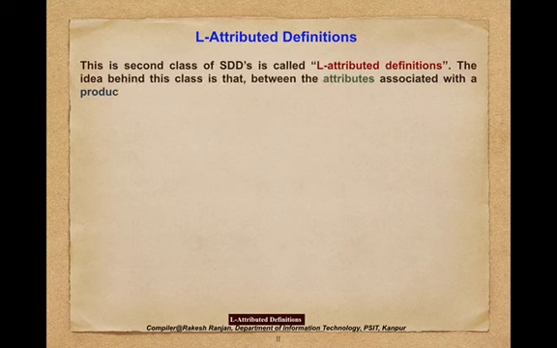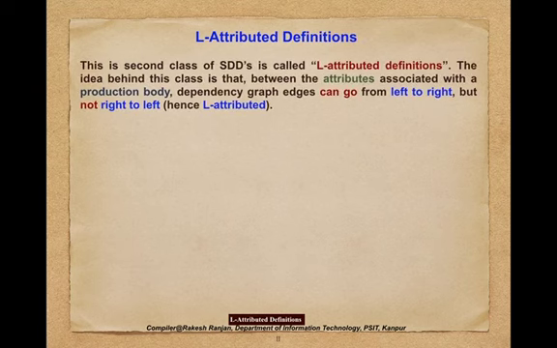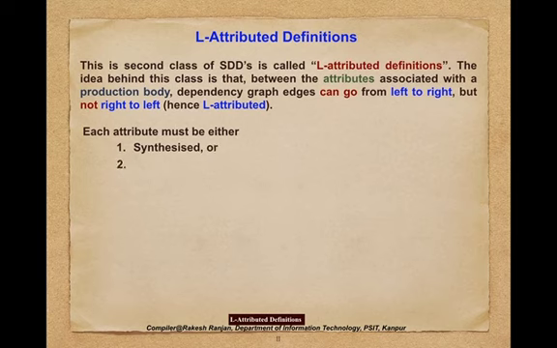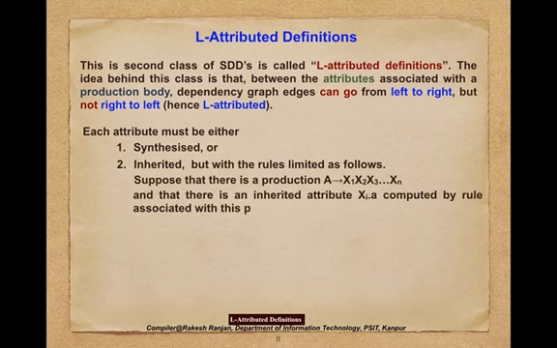Now the L-attributed definition. This is the second class of SDD, called the L-attributed definition. The idea behind this class is that between attributes associated with a production body, dependency graph edges can go from left to right and not right to left. Hence L-attributed. Each attribute must be either synthesized, or inherited with rules limited as follows.